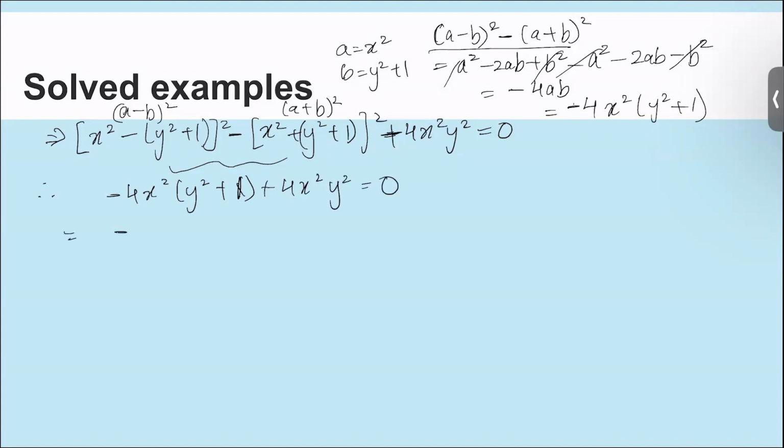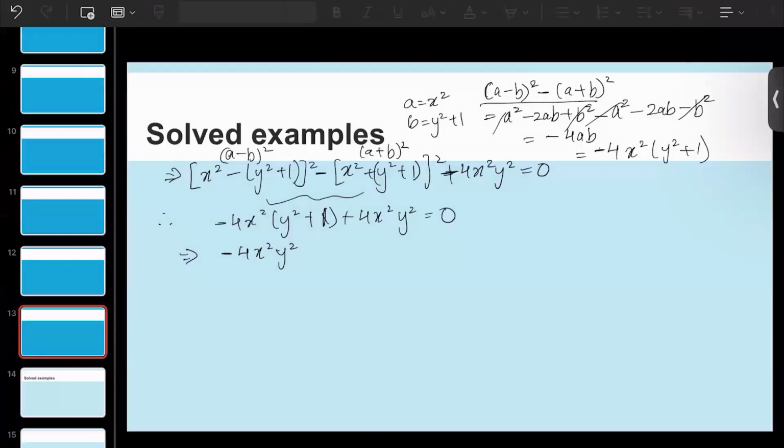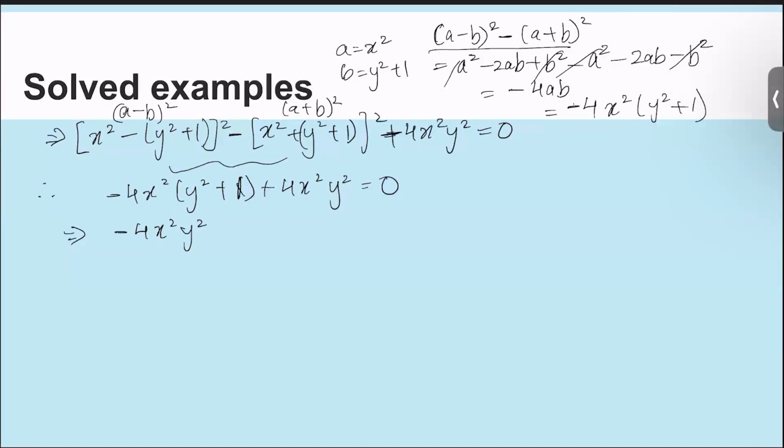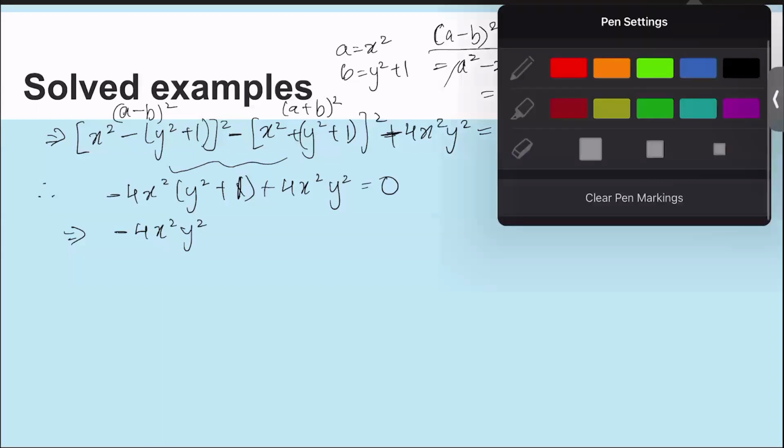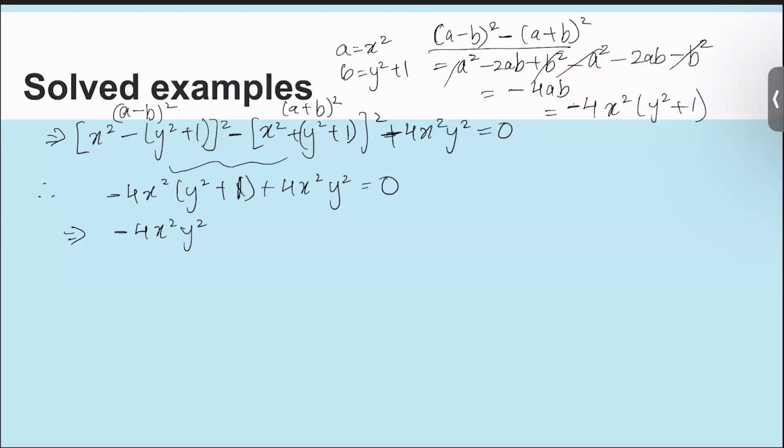Sorry, yes, this would be minus 4x squared y squared minus 4x squared plus 4x squared y squared is equal to 0. So over here this and this will get cancelled. You have minus 4x squared is equal to 0. So therefore x is equal to 0.